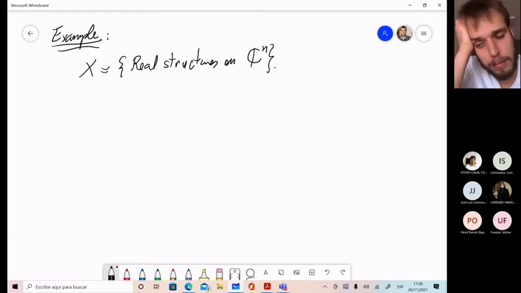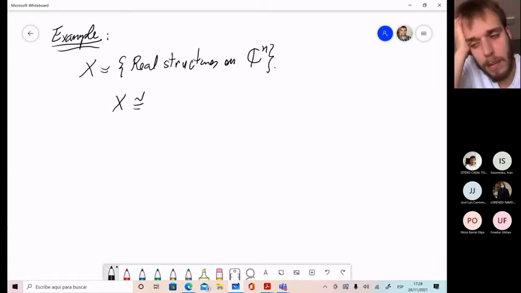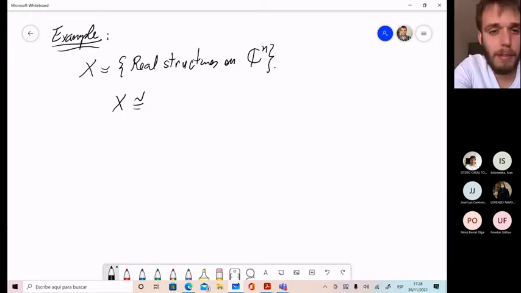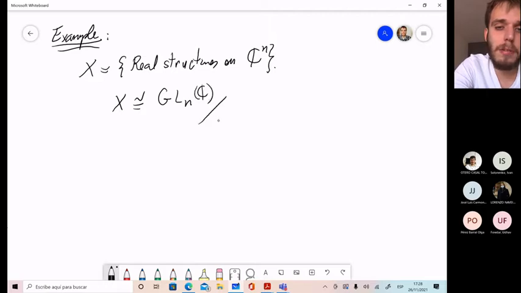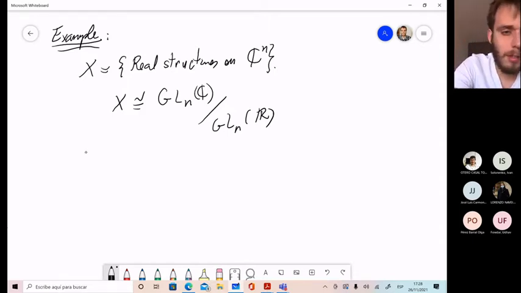What do I mean by this? Well, this X, the set of real structures, can be given a structure of a homogeneous space. It turns out that X can be identified with this quotient of these two Lie groups. So how do you prove this isomorphism? Well, first, you consider the action of GL_n(C) on X in the following way.